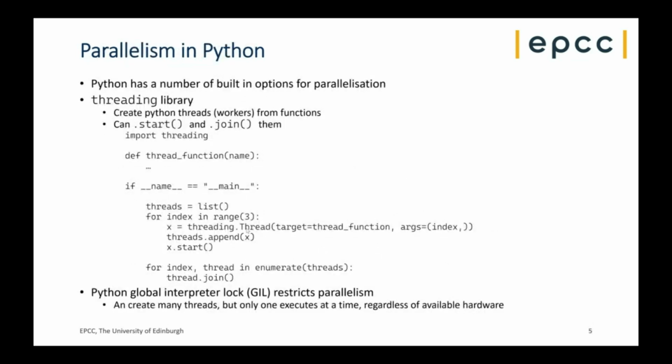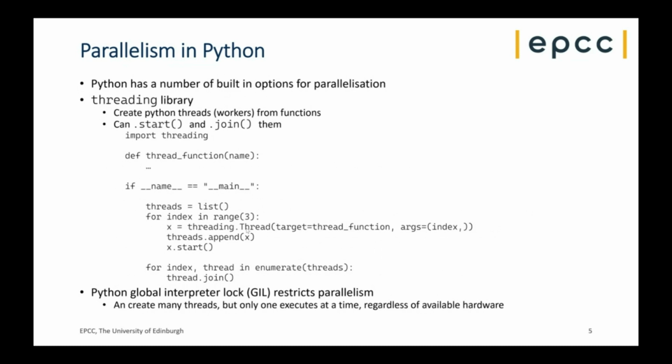Python itself doesn't really do, well, it does do parallelism, but it doesn't do high performance parallelism. And there's a couple of reasons for that. Now, Python has what we call threading built into it, this way of having one main worker that can create its own mini workers to go off and do things.